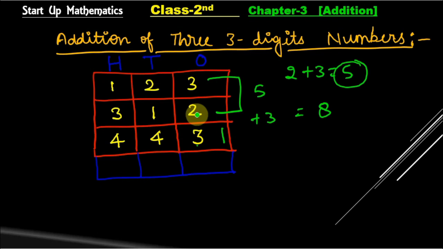After that we add 3 to the 5. So 3 plus 2 is equal to 5, and 5 plus 3 is equal to 8.